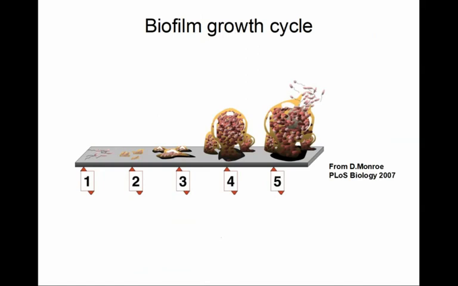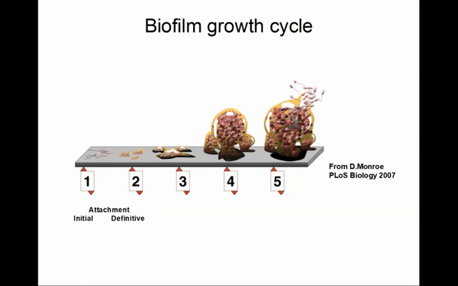Okay, so biofilm formation and growth goes through distinct phases. At the beginning, free living bacteria in the liquid phase will attach to the surface. That's phase one. Initially, the attachment is quite weak.